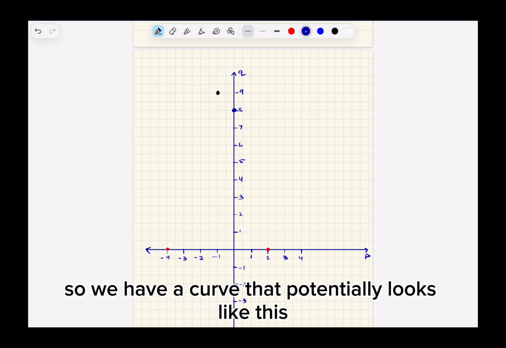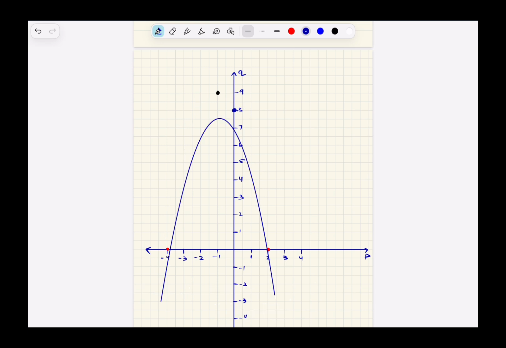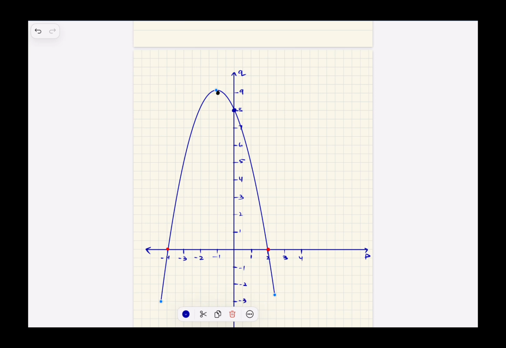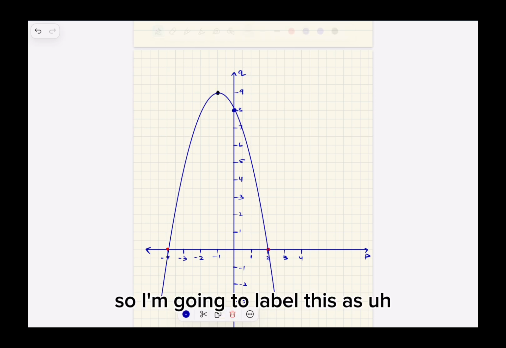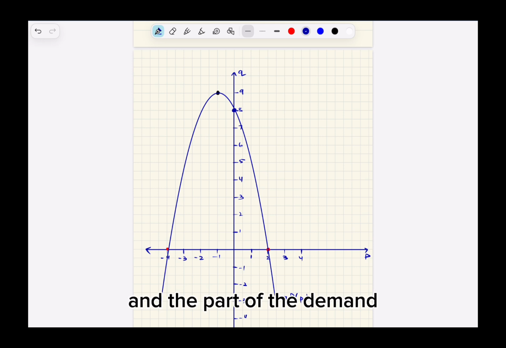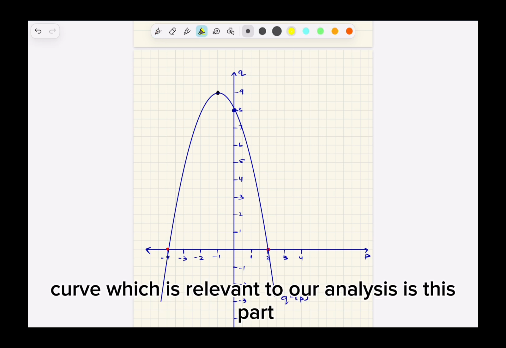So we have a curve that potentially looks like this, and I'll try to tidy it up, but oh, wow, perfection, beautiful. So I'm going to label this as quantity demanded in terms of price, and the part of the demand curve which is relevant to our analysis is this part.